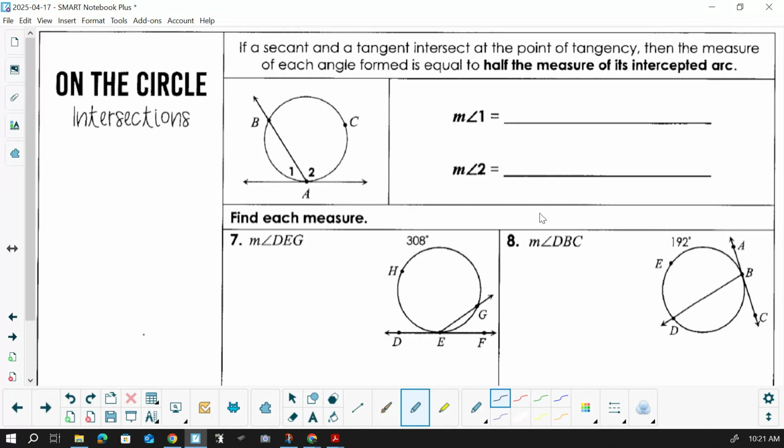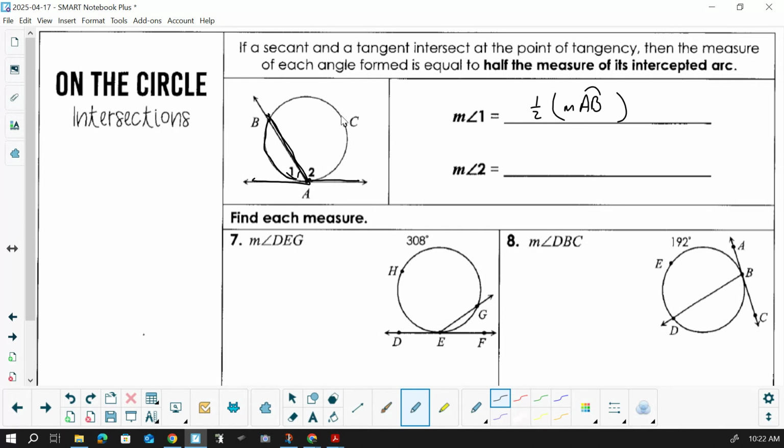Page 19 here, angle 1. Angle 1 is going to be equal to half of the arc that's inside. So angle 1 is right here, right? Angle 1. The arc that's inside of it is AB. Angle 2, it's on this side.